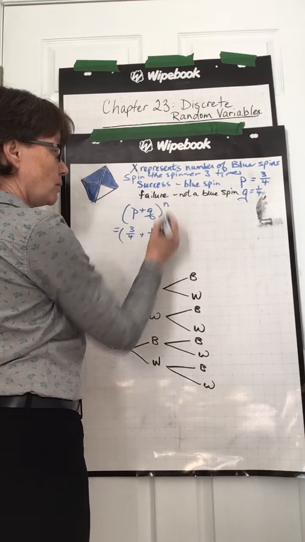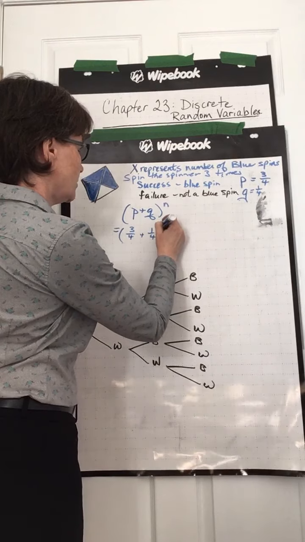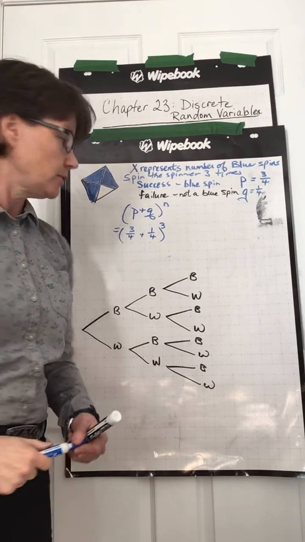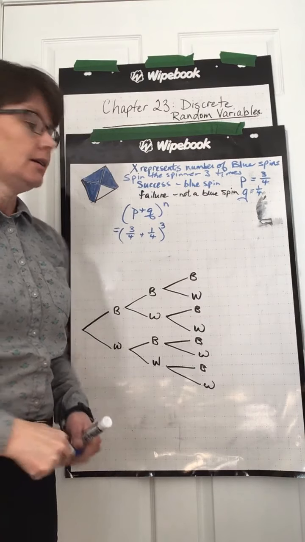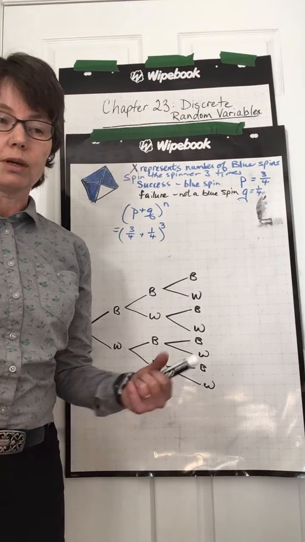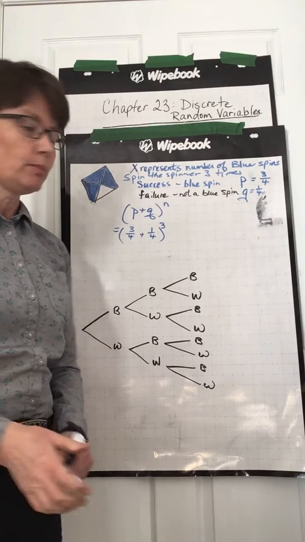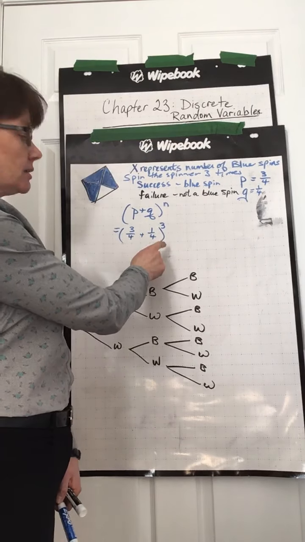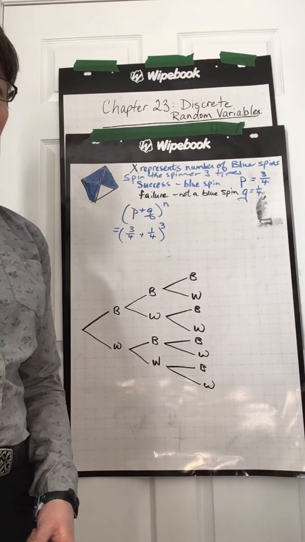Okay, so that means our power, the n, is 3. Now you could look at this and say 3/4 plus 1/4 is 1, and then 1 cubed is 1, but we're not going to think of it that way because the 3 over 4 is the probability of success. The 1 out of 4 is the probability of failure.